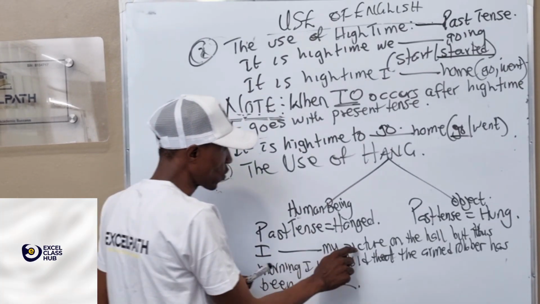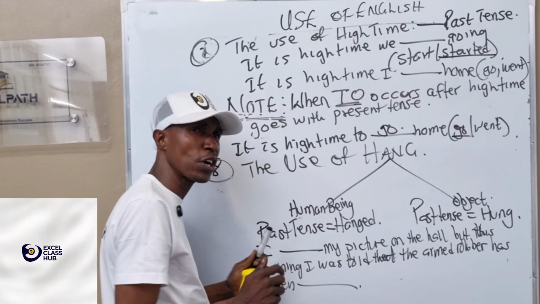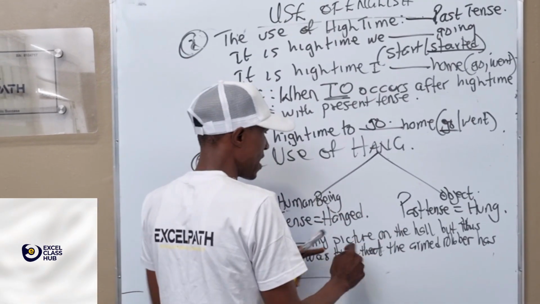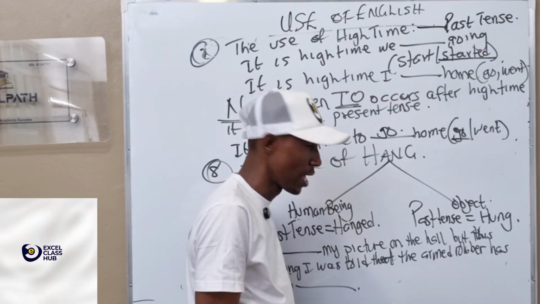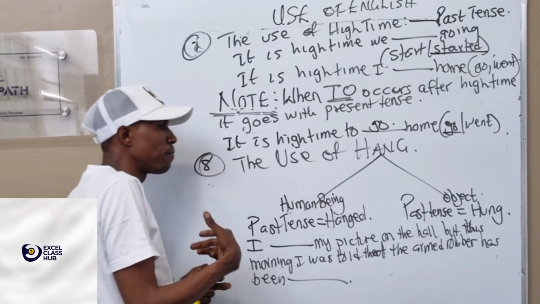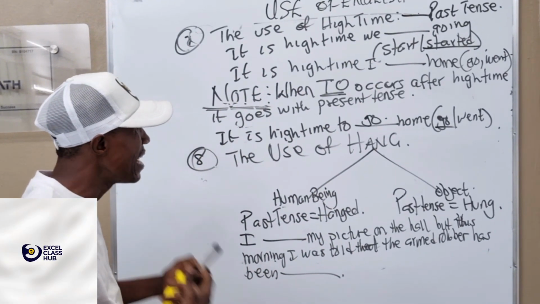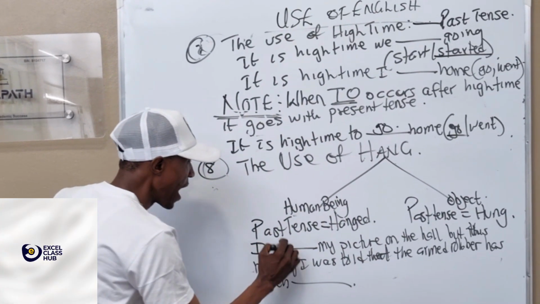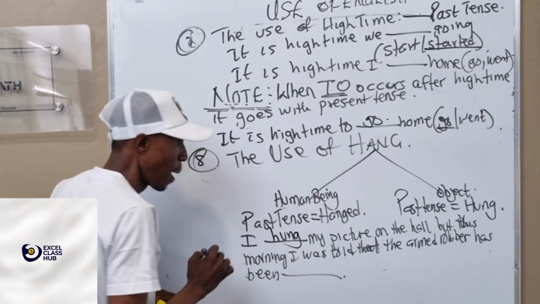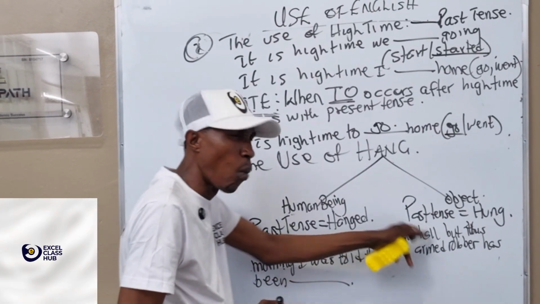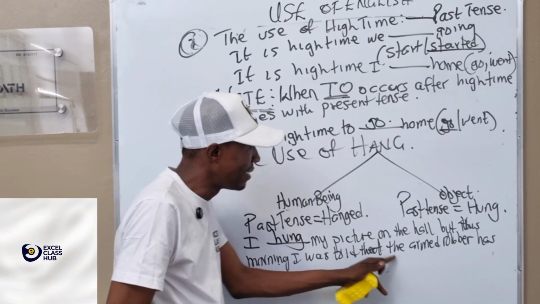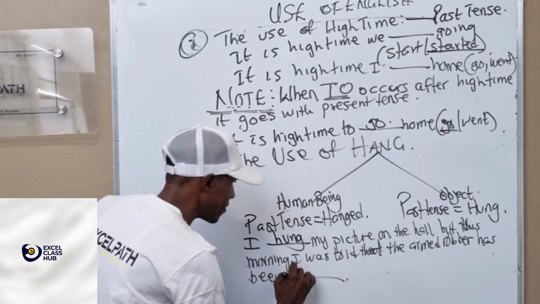The first one here talks about a picture, and we are talking of something of the past. The picture here connotes an object. So the past tense of hang related to an object is what we call hung. So what do you have there? I hung my picture on the wall, but this morning I was told that the armed robber has been what?